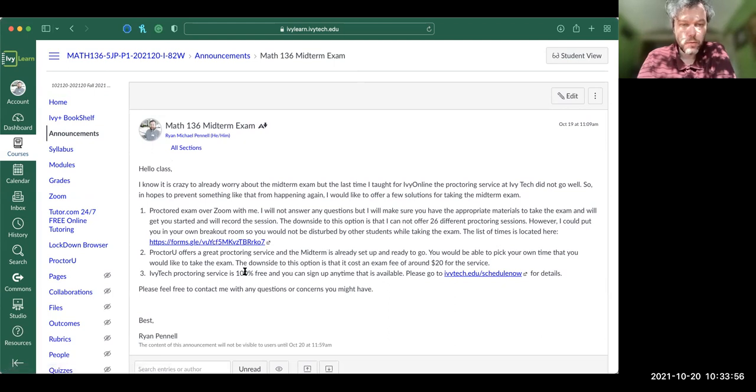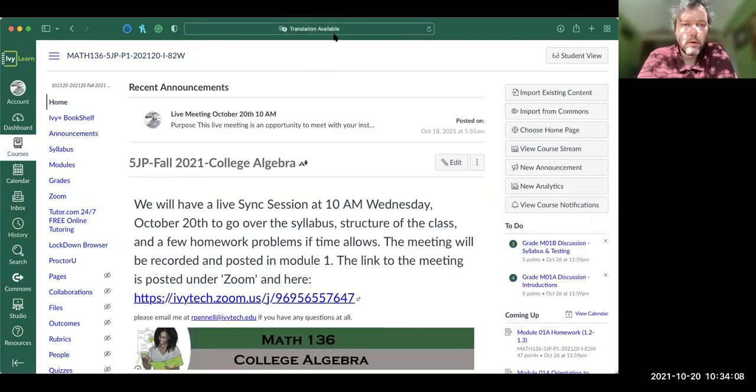Proctor U will be offered, and then if you can, go ahead and schedule your midterm this week. But I've had bad experiences with them before, so I'm trying to find a better solution. And I wish we could use Respondus lockdown browser, but we can't because we use Pearson for this class, so it doesn't work. Okay.